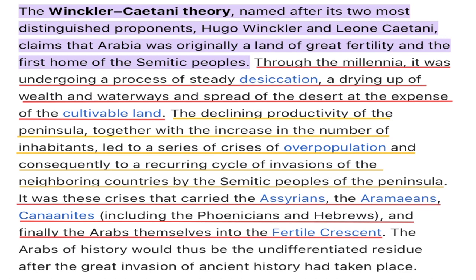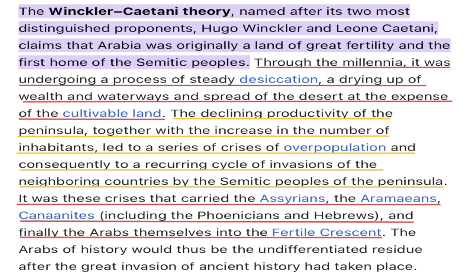The Winckler-Caetani theory, named after its two most distinguished proponents, Hugo Winckler and Leone Caetani, claims that Arabia was originally a land of great fertility and the first home of the Semitic peoples. Through the millennia, it was undergoing a process of steady desiccation, a drying up of wealth and waterways, and spread of the desert at the expense of the cultivable land.